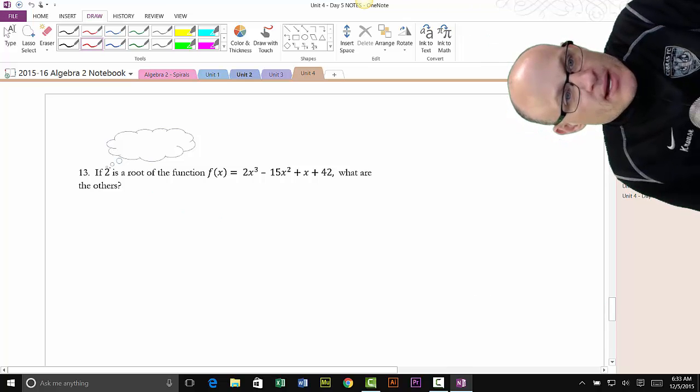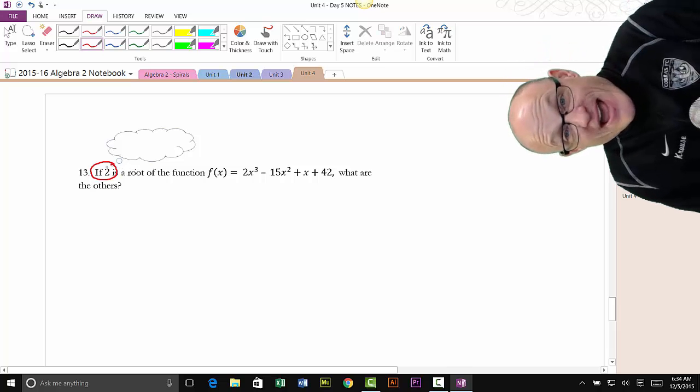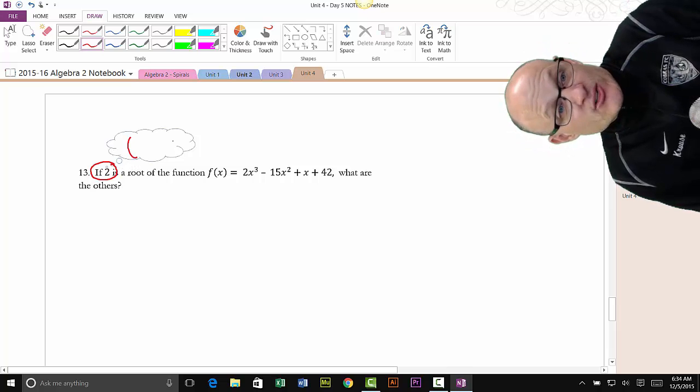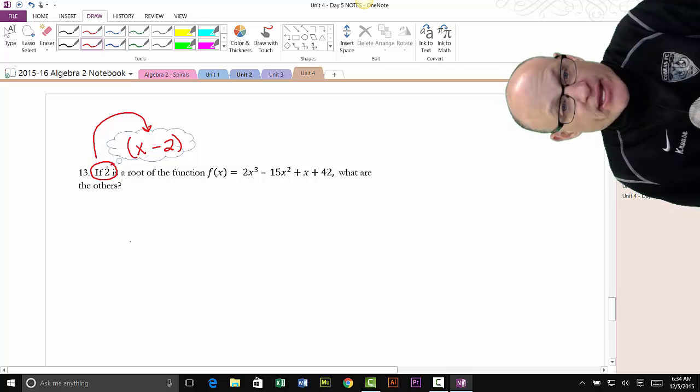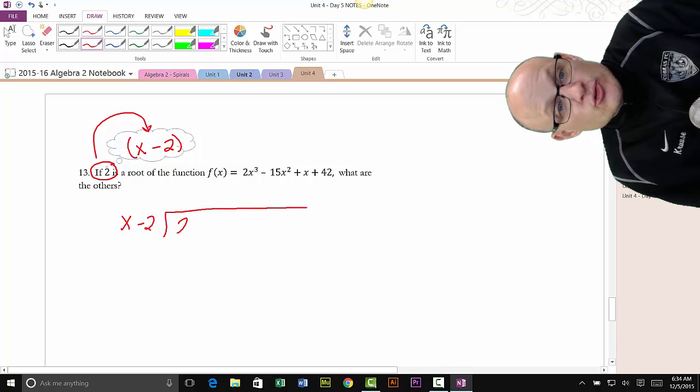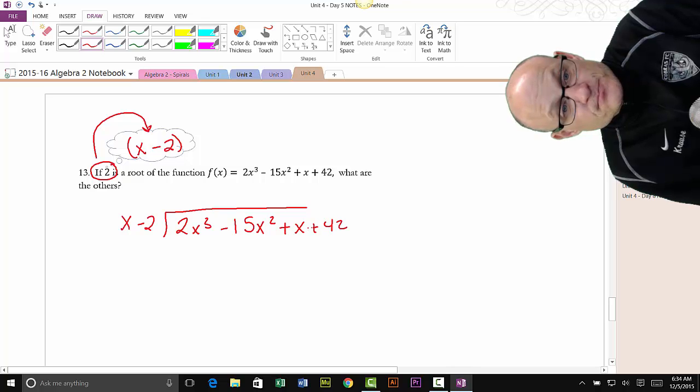So remember, I want to take this and figure out what the factor is. Well, the factor is x minus 2. It goes back into the parentheses with the opposite sign. Now I handle it like I've handled it before. x minus 2 dividing into 2x cubed minus 15x squared plus x plus 42.